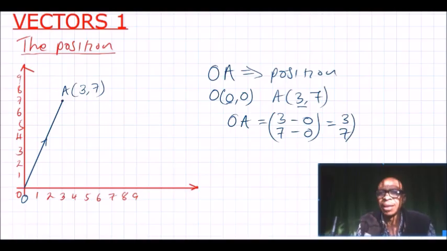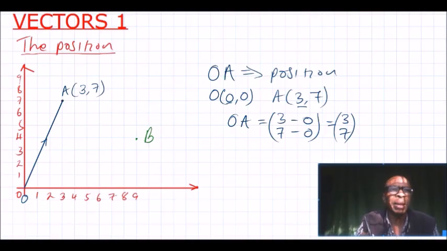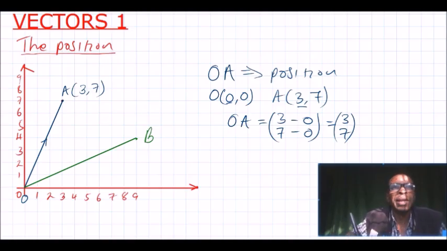We can pick another point on the Cartesian plane and call it B. We can make a vector from O to B, and the coordinates of B are 9 and 4.